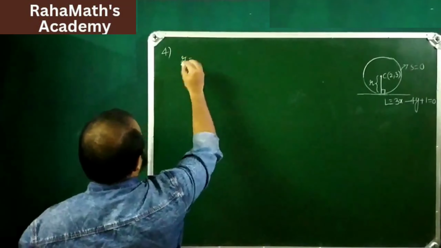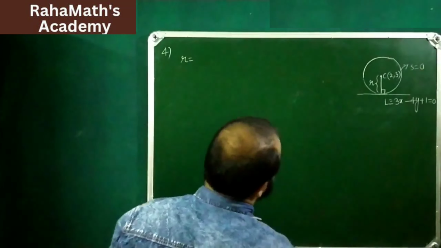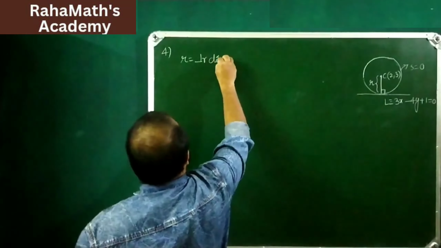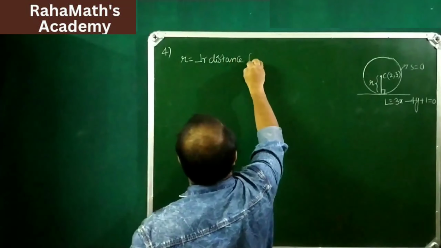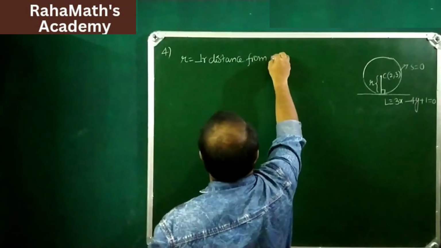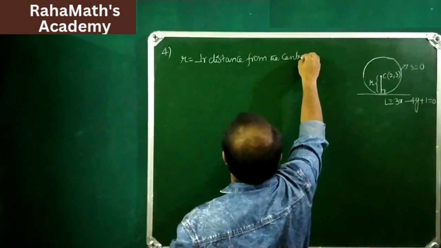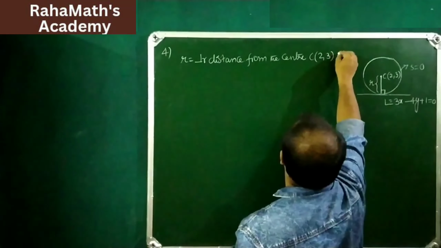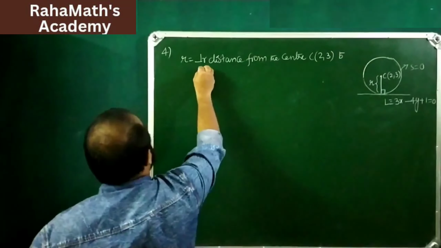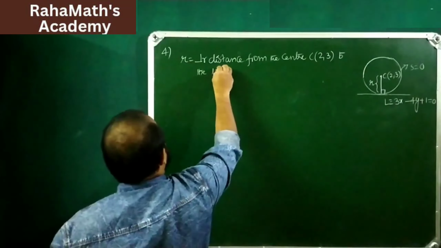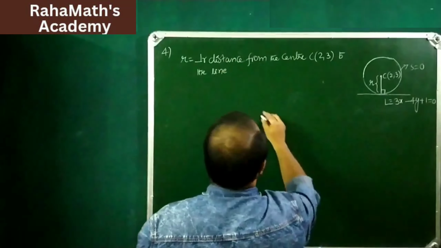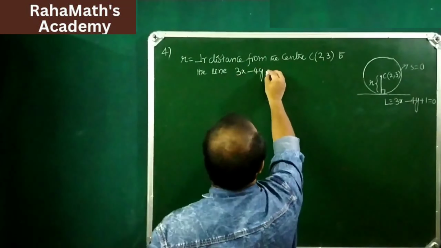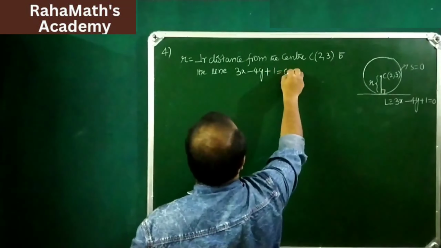So r is equals to perpendicular distance from the center C 2 comma 3 to the line 3x minus 4y plus 1 equals to 0.